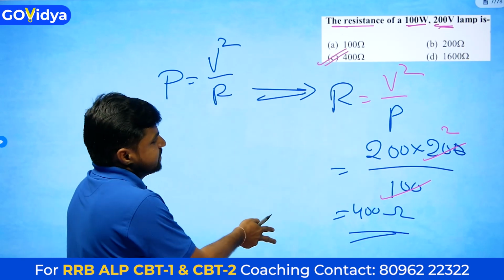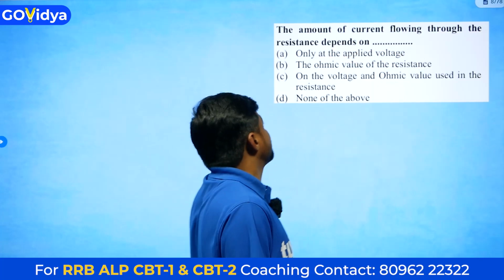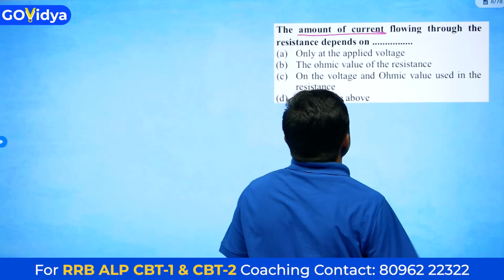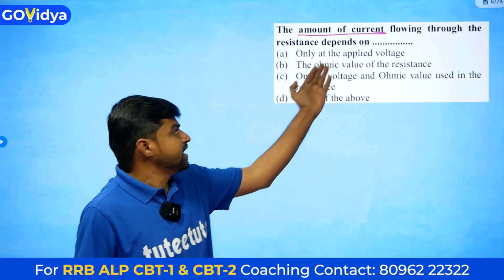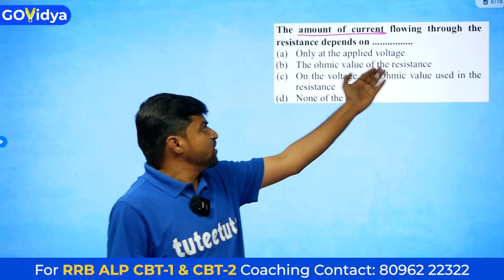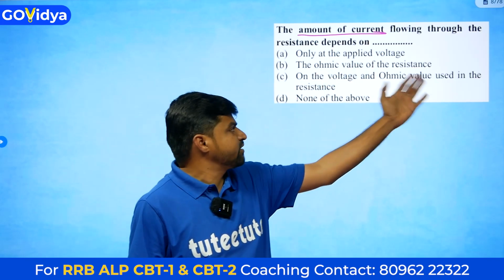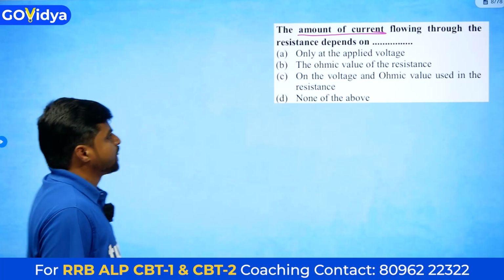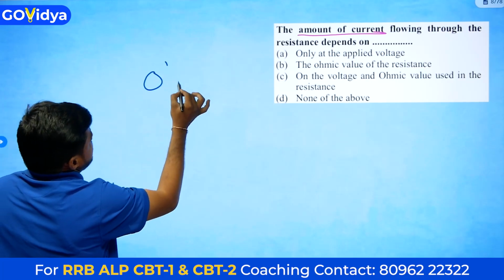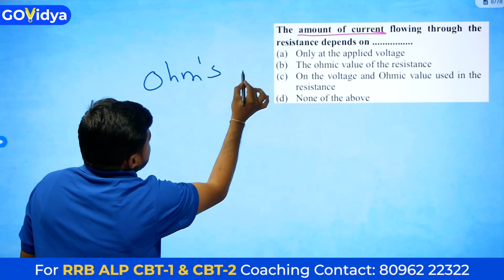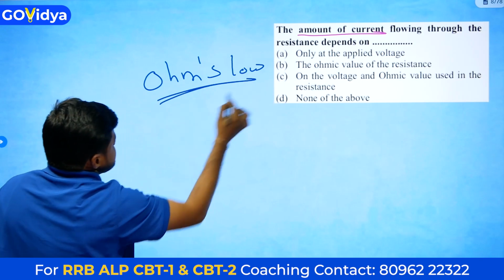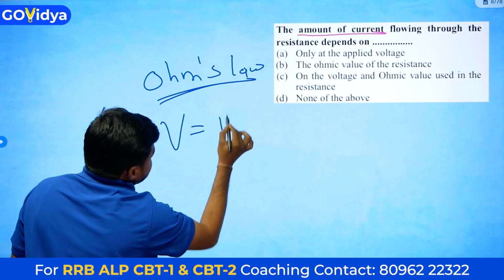Okay, next question, the amount of current flowing through a resistance depends on only on applied voltage, the ohmic value of the resistance, on voltage and ohmic value of the resistance, and none of the above. We have Ohm's law. Ohm's law is V is equal to IR.